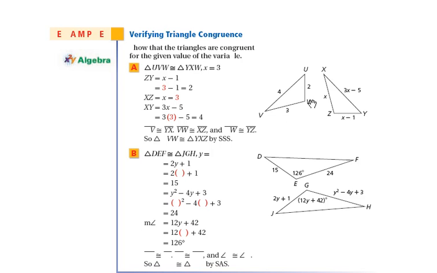So when we talk about side UV, for example, we want to make sure that we're looking at the next triangle's side YX. So UV is congruent to YX, and then side VW is congruent to XW.